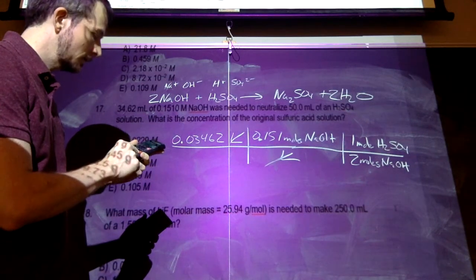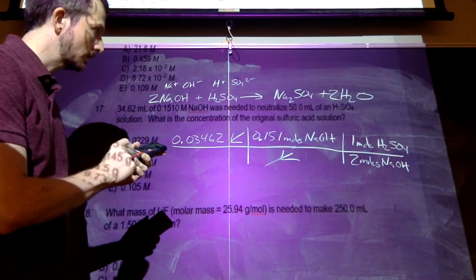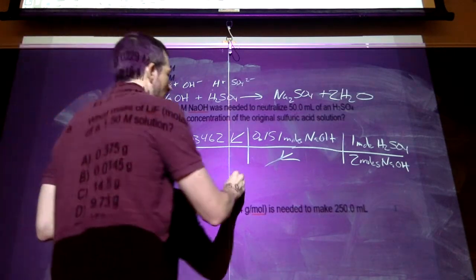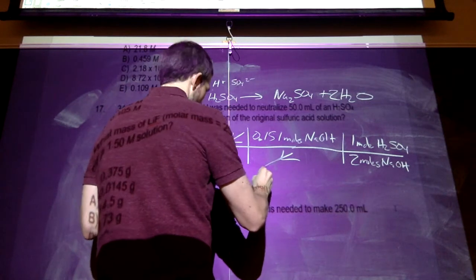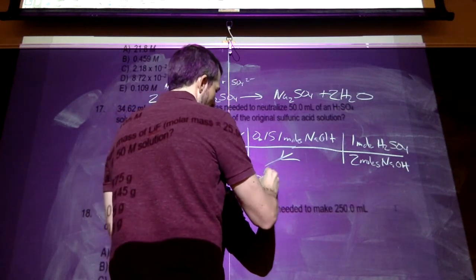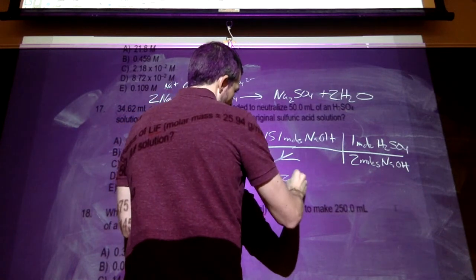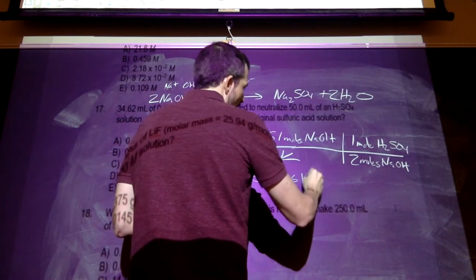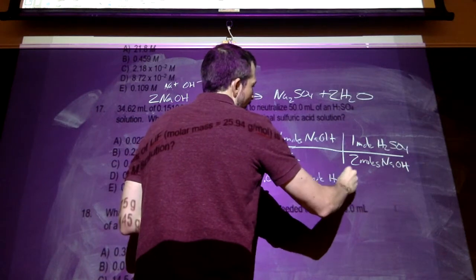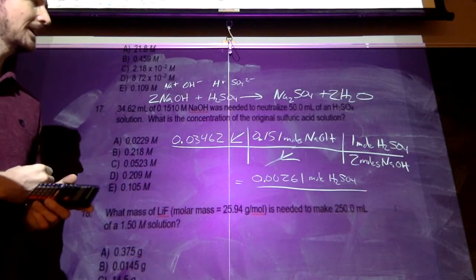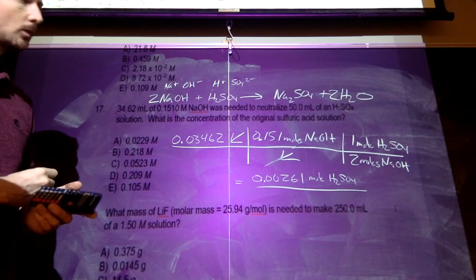So 0.03462 times 0.151 divided by 2. Now that's my moles of H2SO4.